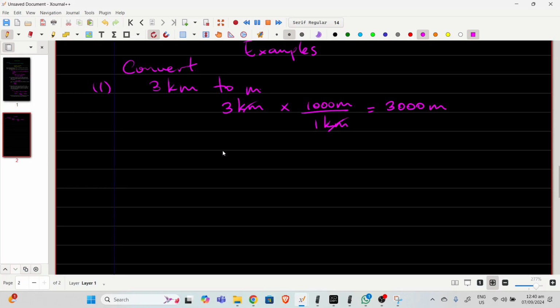Alright, let's say for example, we want to convert 2500 grams to kilograms. Then we say, okay, what is the conversion factor for this? We know that 1000 grams is equal to 1 kilogram. So since I'm converting from grams, it has to go in the denominator.